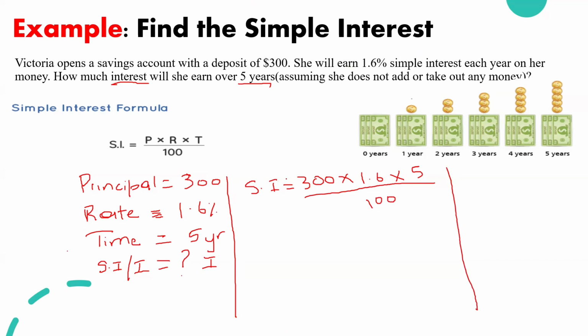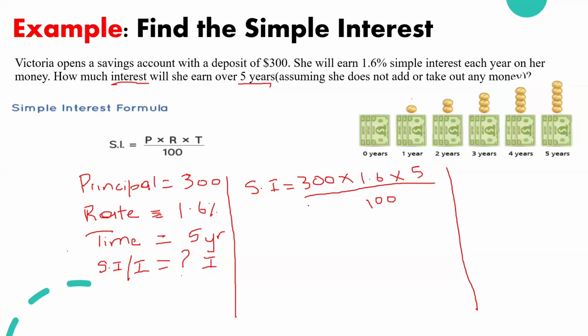Now we are going to multiply. First, we simplify what we have in the numerator, then we divide by what we have in the denominator. When we multiply 300 times 1.6 times 5, we get 2,400 divided by 100.